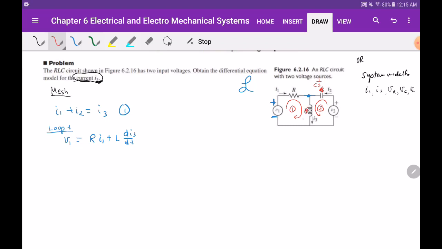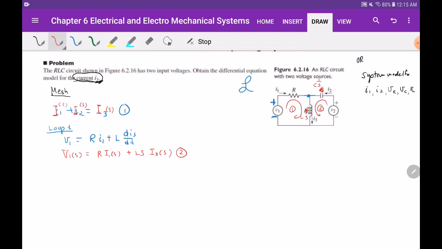Whenever you have L, you have L times S. So this equation in the Laplace domain will be V1 sub S equals R times I1 sub S plus LS times I3 sub S. This is your equation number 2. For equation number 1, I can simply change to I1, I2, and I3 in the S domain. So this is all going to be in the S domain.